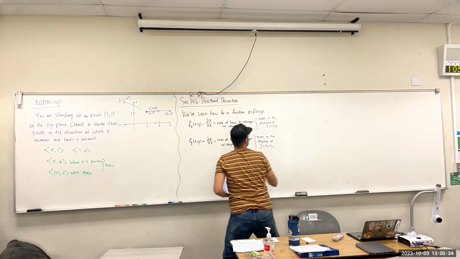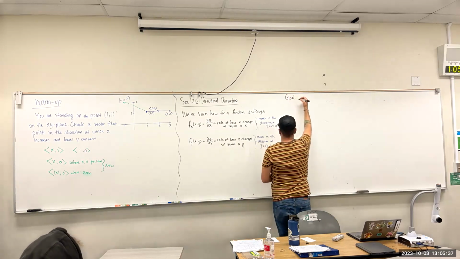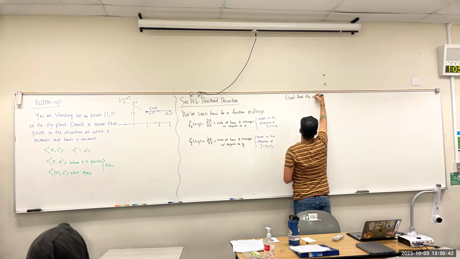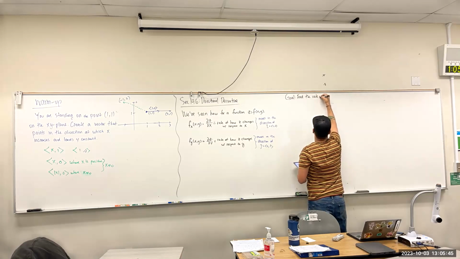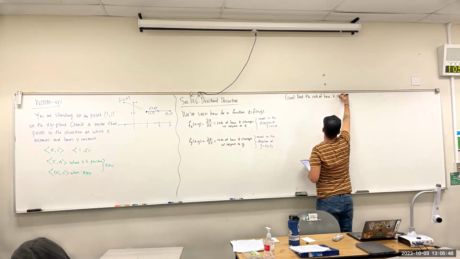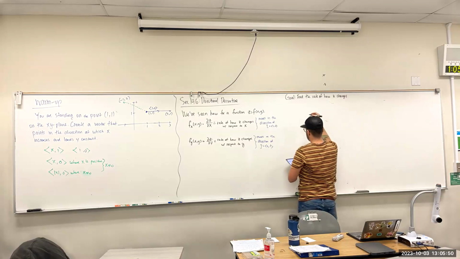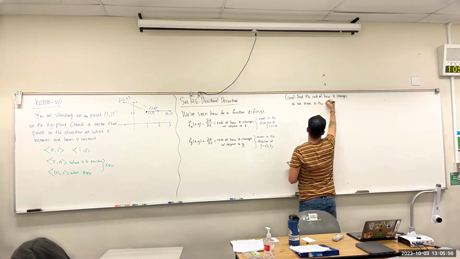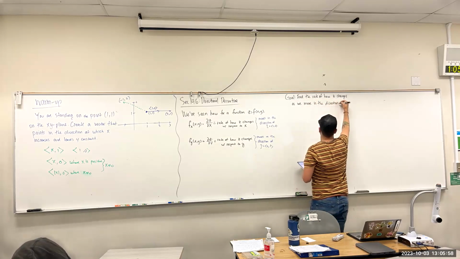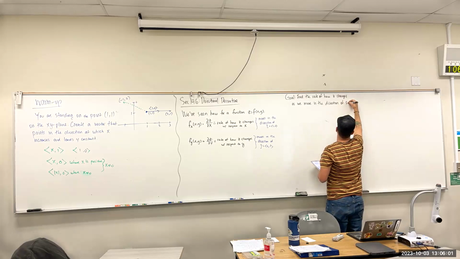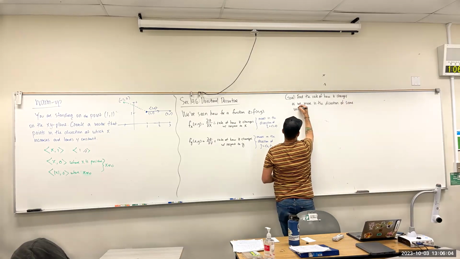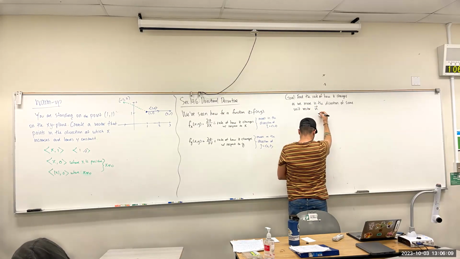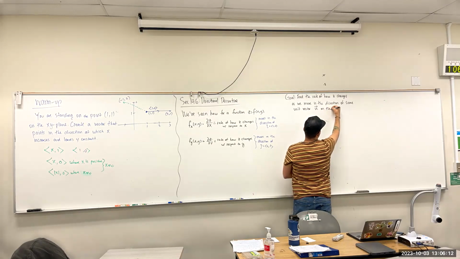All right, so here's the goal: find the rate of how z changes as we move in the direction of some unit vector, and we're going to call it u, on the xy plane.